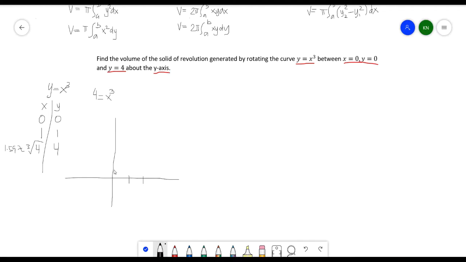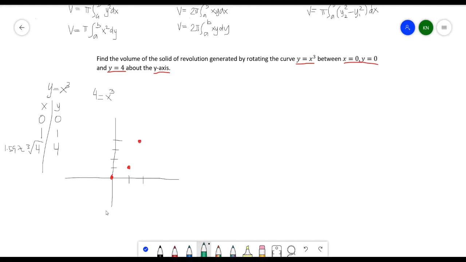So our y has values from 0, 1, 2, 3, and 4. So if we graph this one, 0, 0 is around this point. We have 1, 1 around here. We have 1.6 around here to our 4, which is here.